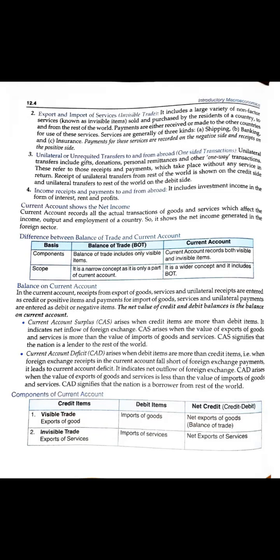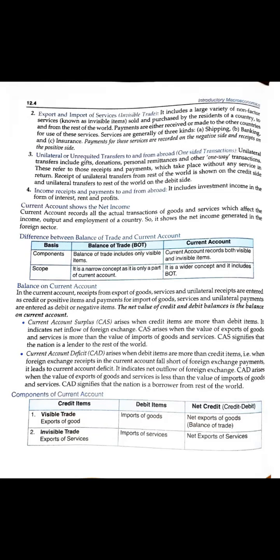So here, these three act as invisible goods, and whenever we are paying them, sorry, we will record it on the negative side.